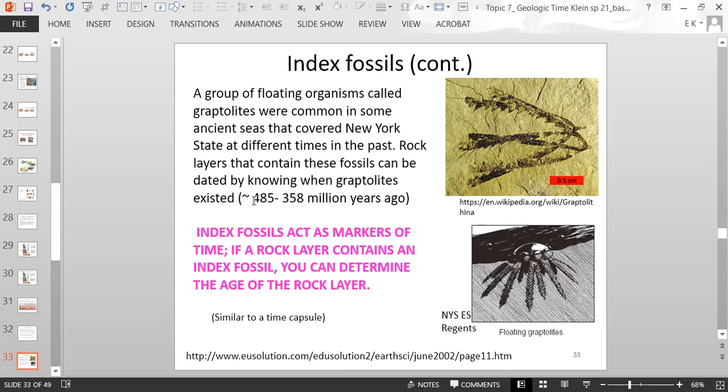Okay, so a rock layer with a graptolite fossil, like the one on the top of the page here, that's a graptolite fossil. We know this graptolite fossil and this rock must be somewhere between 485 and 358 million years old. It's kind of like a time capsule.